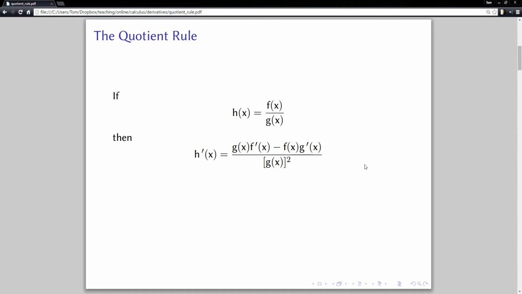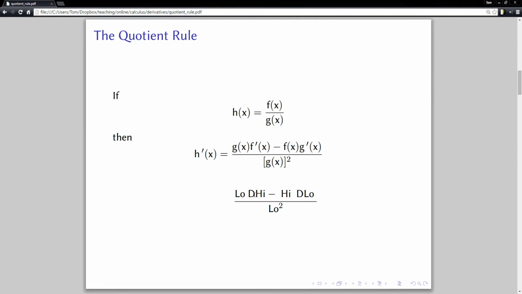It's probably the most complicated of the derivative formulas that we've dealt with so far. And there's a mnemonic device for remembering it: low d high minus high d low over low squared. Low refers to the bottom function, g of x, and high refers to the top function, the numerator.